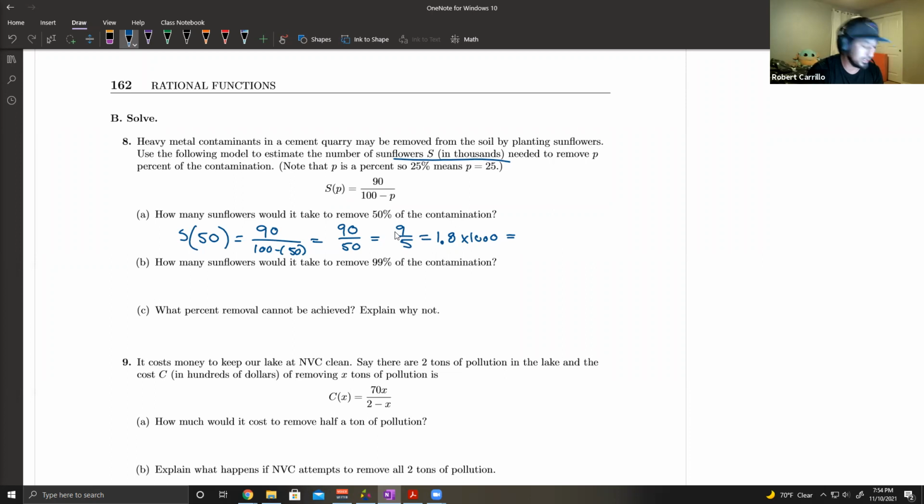So 1,800. We need 1,800 sunflowers to remove 50% of the contamination.